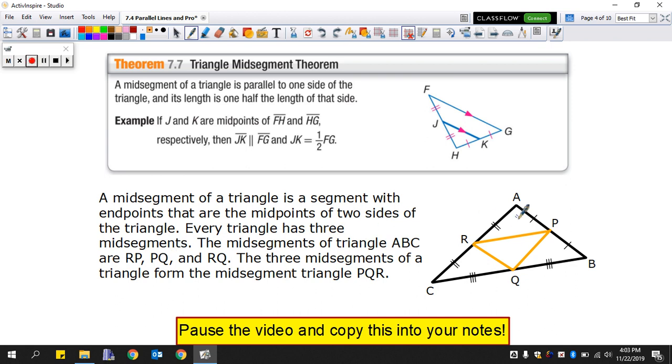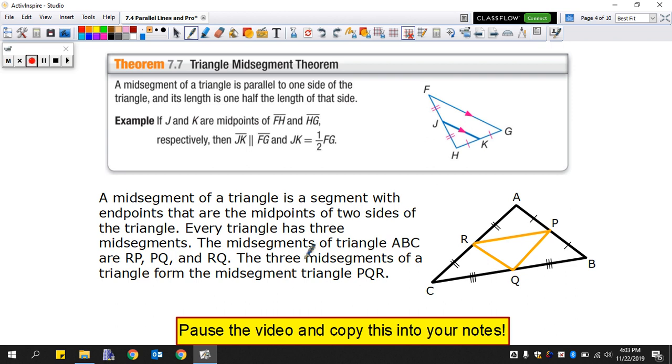So you have RP, a midsegment between AC and AB. RQ is the midsegment between AC and BC, and PQ is the midsegment between AB and CB.